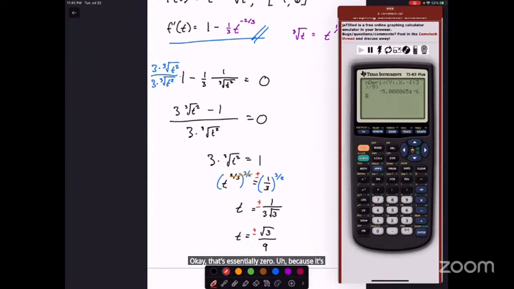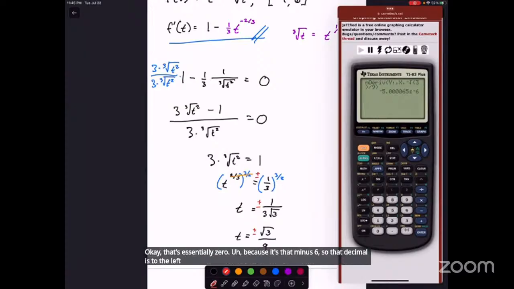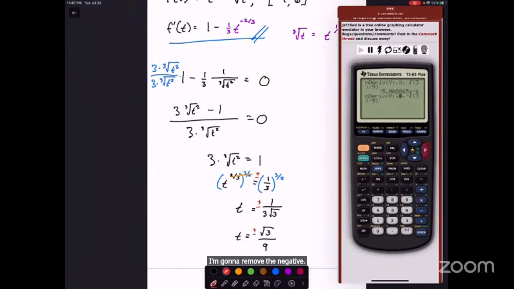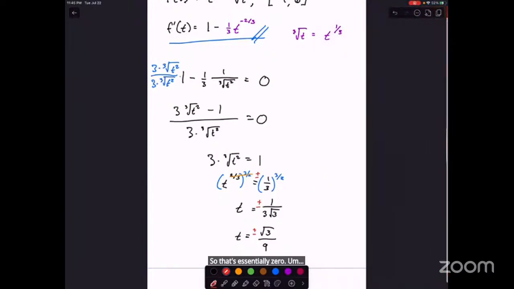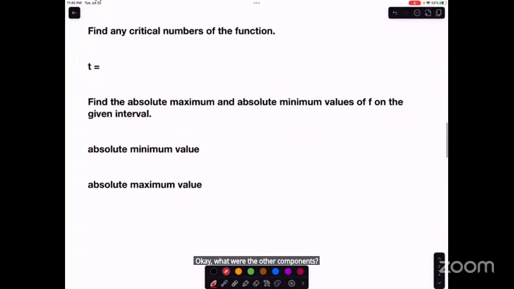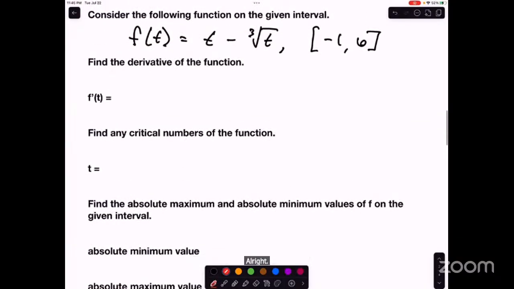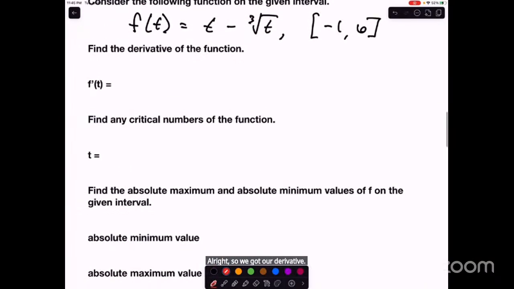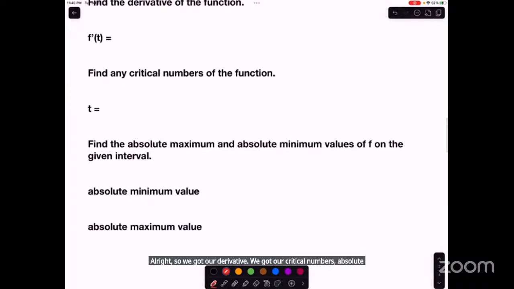Because it's that -6, that decimal is to the left by 6 spaces, so it's really, really close to 0. I'm going to remove the negative, and we should get, yeah, okay. So that's essentially 0. Okay, what were the other components? All right, so we got our derivative, we got our critical numbers, absolute max and absolute min.